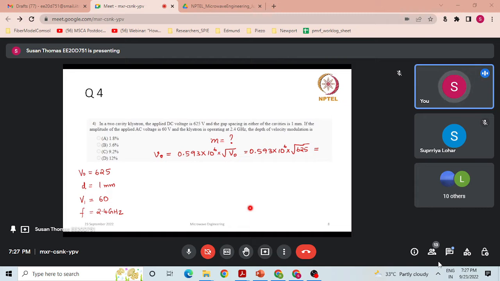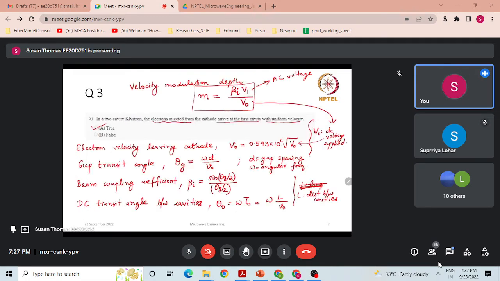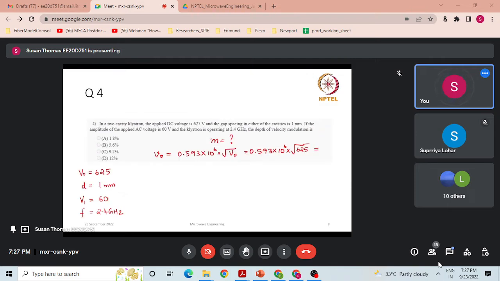So once you get the V naught, you need to calculate theta g. Theta g is omega d by V naught. Omega is 2 pi f. f is 2.4 into 10 power 9, into d, the gap spacing, so 1 millimeter can be written as 10 power minus 3, and the whole divided by this V naught you got here.